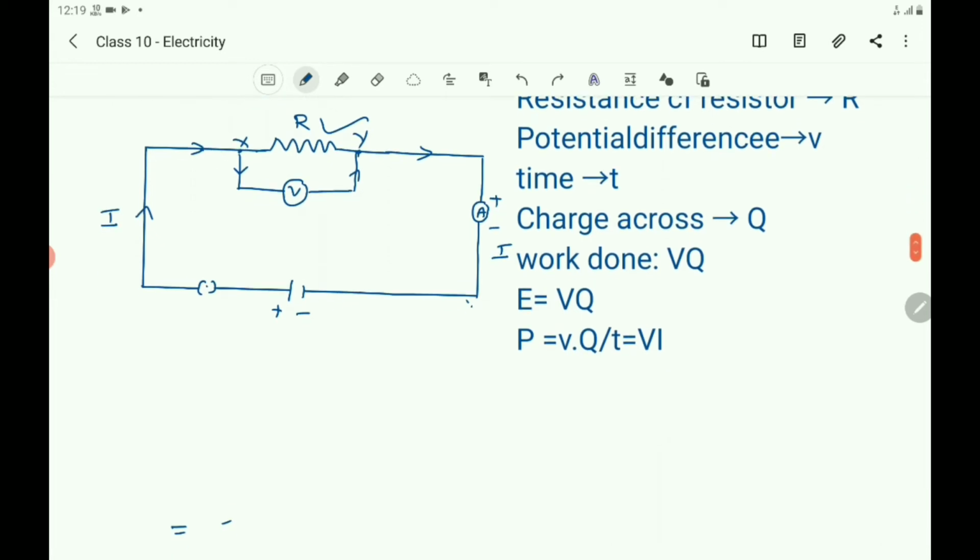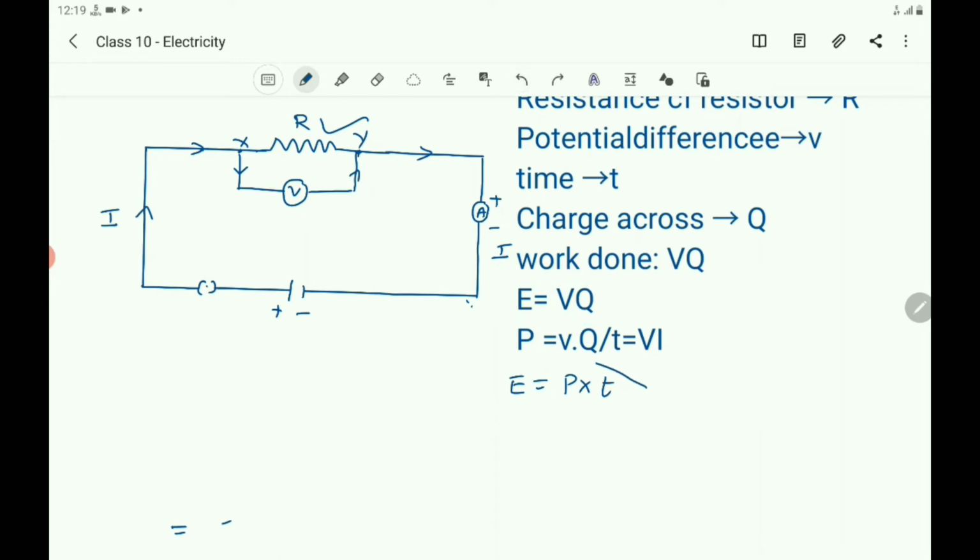Also, the energy supplied to the circuit by the source in time t is E equals P into T. Here E is also equal to VQ, because energy supplied must be equal to the work done.